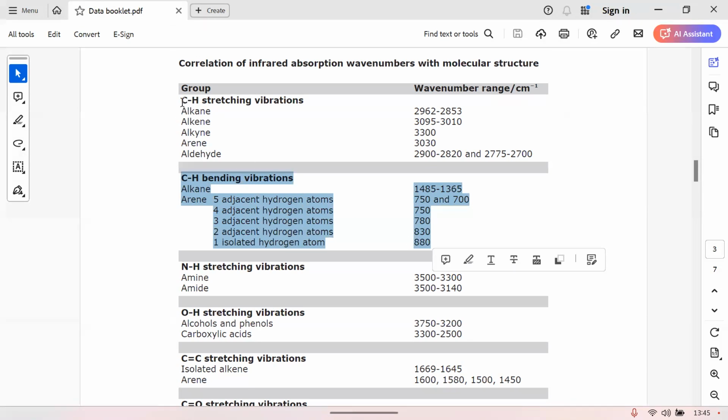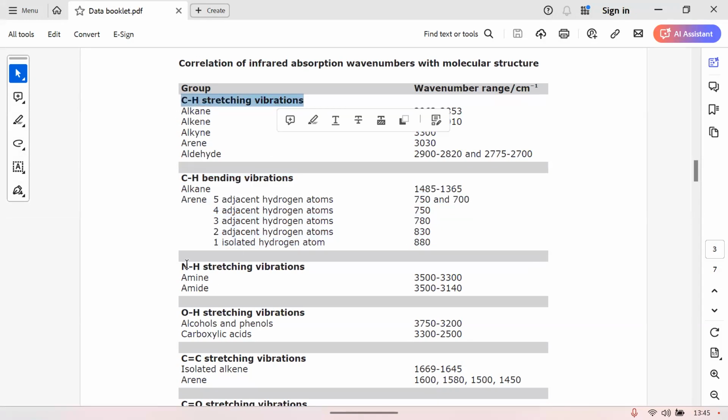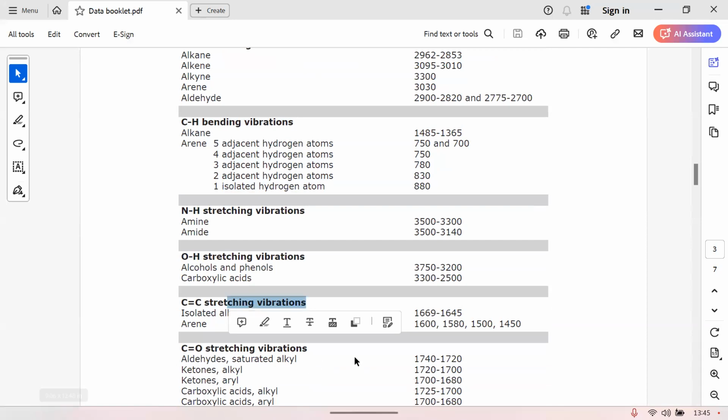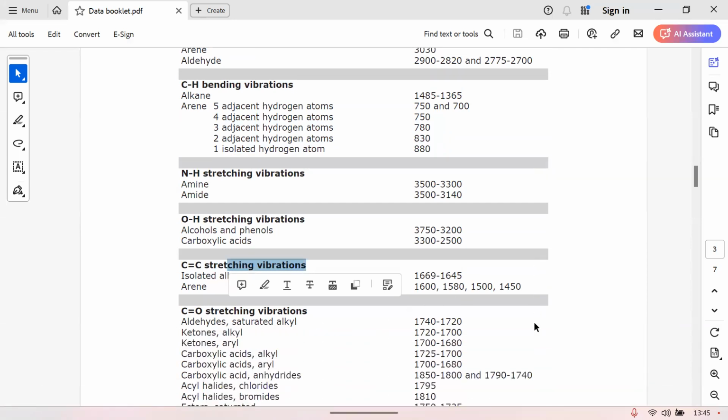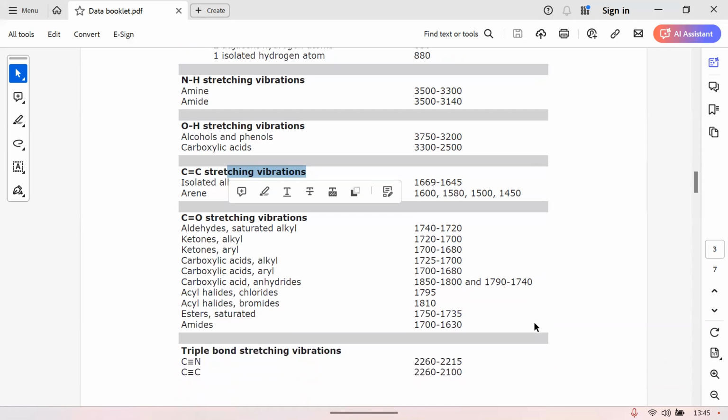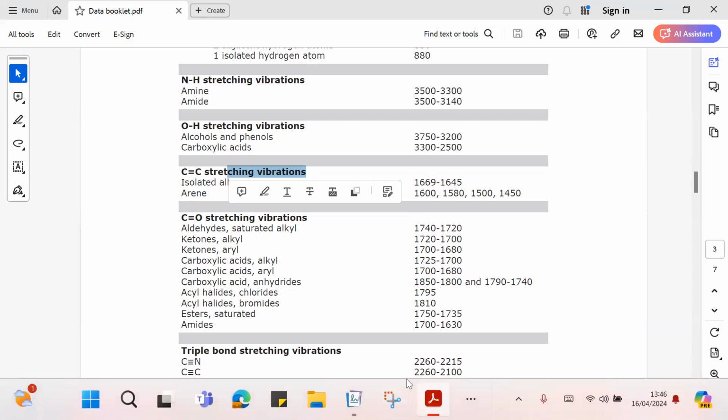We are going to use these stretching vibrations, stretching, stretching, and stretching, and here stretching. So this will be provided in your data booklet. You don't need to go and memorize this. These are the values provided to you in your data booklet. So in your exam, ask for it. Even when you are practicing, try to use this.